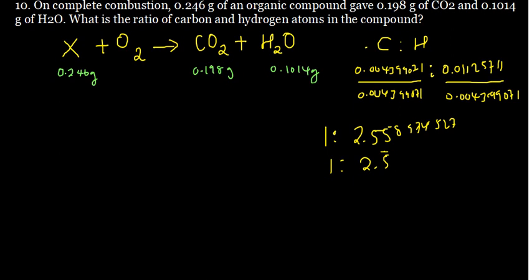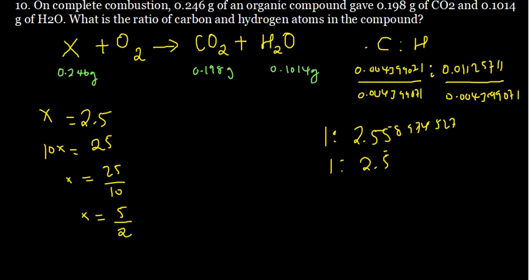I can express it, or convert it, in the form of a fraction. So 2.5 is equal to x. Multiply both sides by 10, so we're going to have 10x is equal to 25. And then to remain with x, divide both sides by 10, 25 over 10. So x is going to give us what? 5 into 25 is 5, 5 into 10 is 2. So actually this is 1 to 5 over 2. Now this is a fraction, 5 over 2.